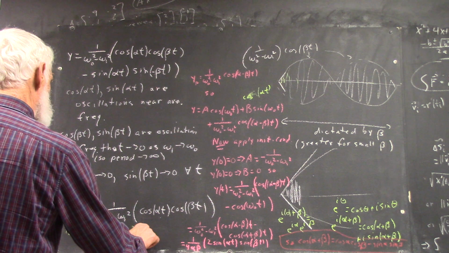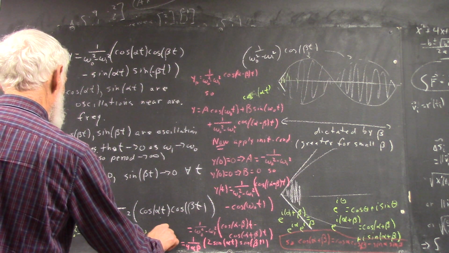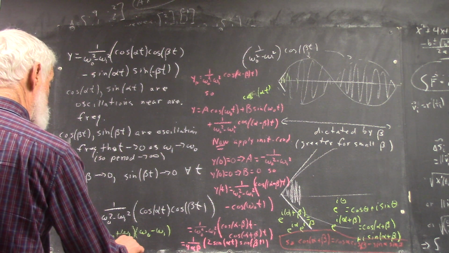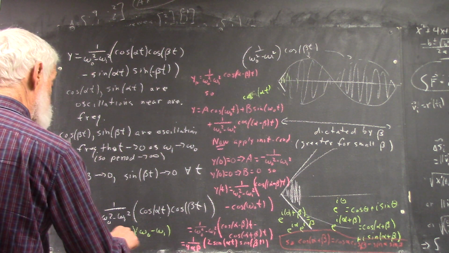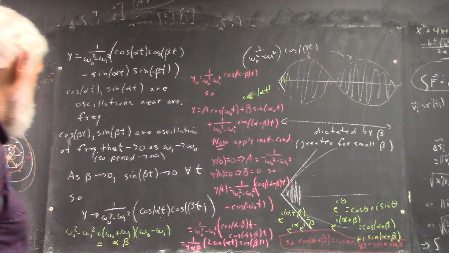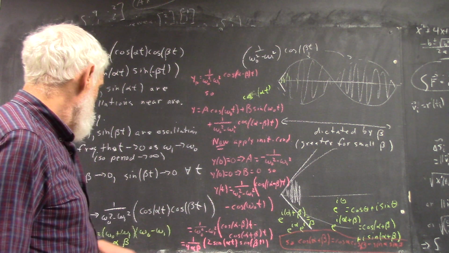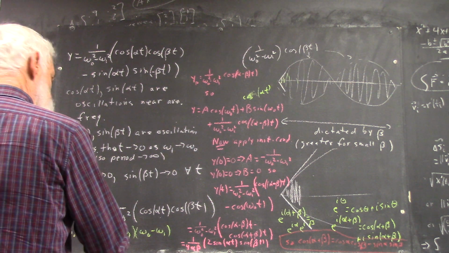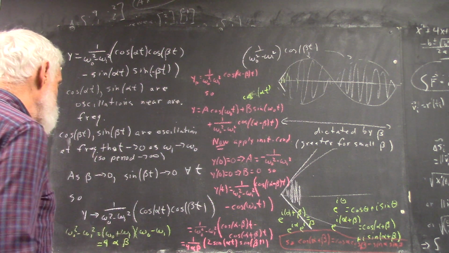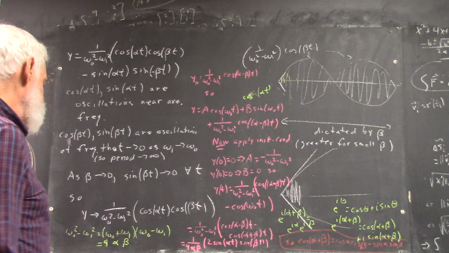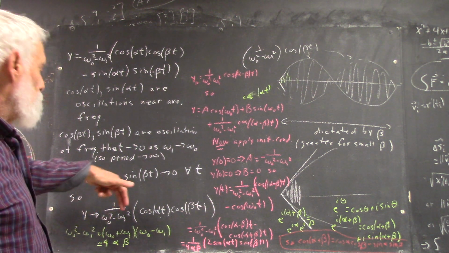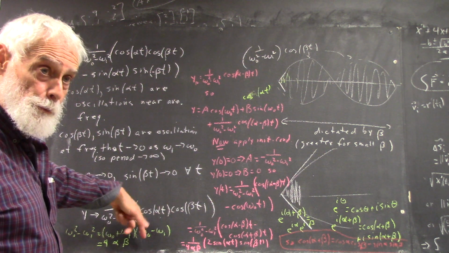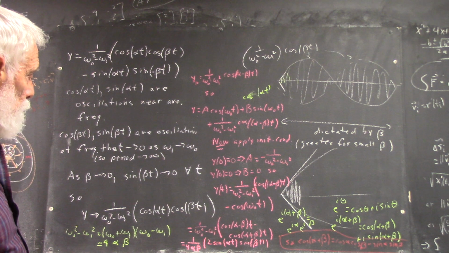That's omega naught plus omega 1 times omega naught minus omega 1, just the difference of two squares, and that's alpha times beta. Actually it's 4 alpha times beta, because alpha is omega naught plus omega 1 over 2, so this is 2 alphas. And similarly here we got the 2. Again, that's just simple algebra, you can work that out.